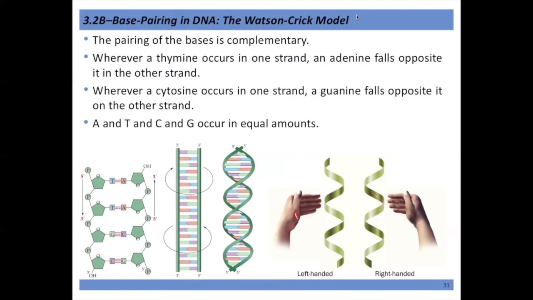Here, your palm on your left hand would go back. Another way of looking at it is you just follow it from behind, and when it comes out at you, if it goes to the right, it's a right-handed helix. When it comes out at you going to the left, that's a left-handed helix. This is the same type of idea for screws. You've got right-handed screws and left-handed screws.